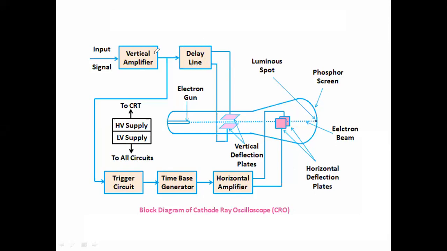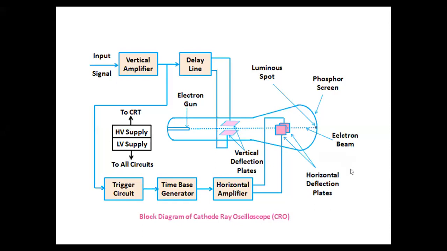It provides the delayed signal, and when both the signals are applied on the vertical deflection plates and horizontal deflection plates, depending upon the applied voltages, the electron beam will be deflected.